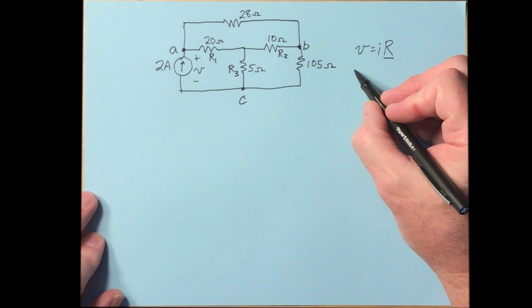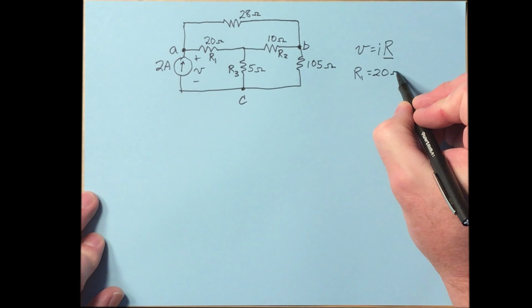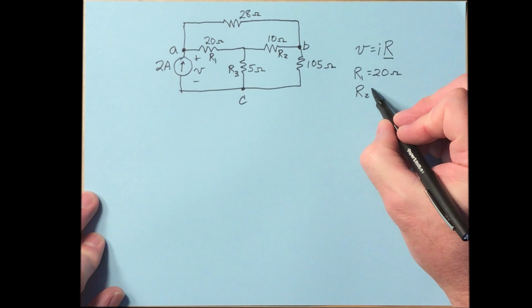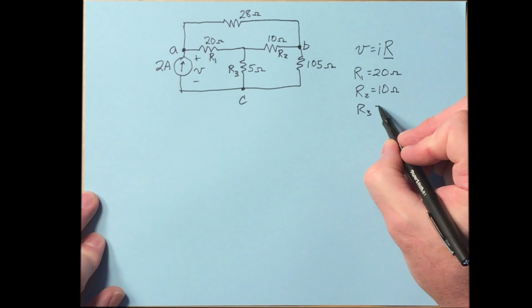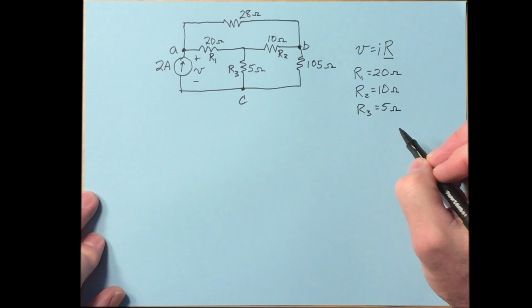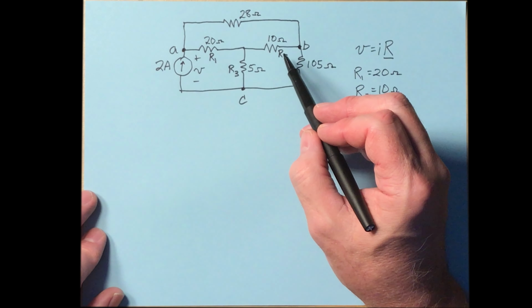So what does that mean? That means for our purposes here, resistor 1 is 20 ohms, resistor 2 is 10 ohms, and resistor 3 is 5 ohms. Now, we could replace this then with a delta.